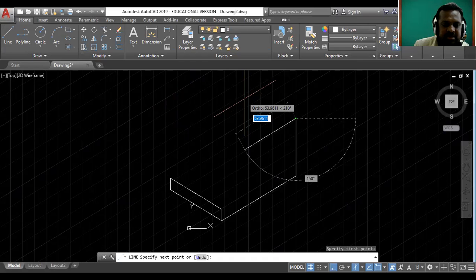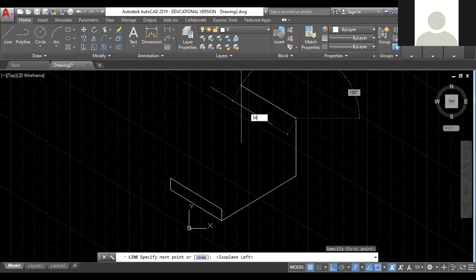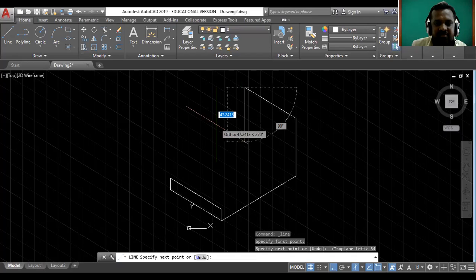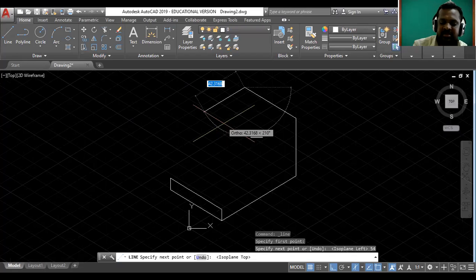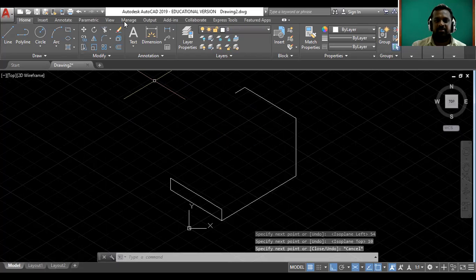So press the F5 and draw this line of 54. Enter. Then change the plane by pressing the F5. Here it is the 10, enter. Okay. Check the given figure.